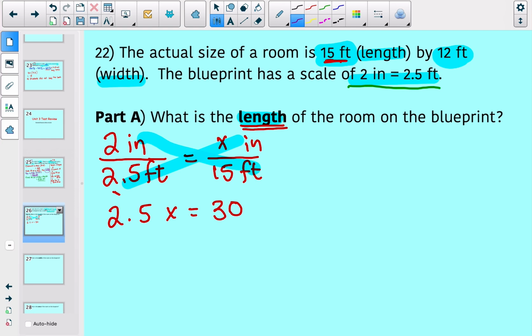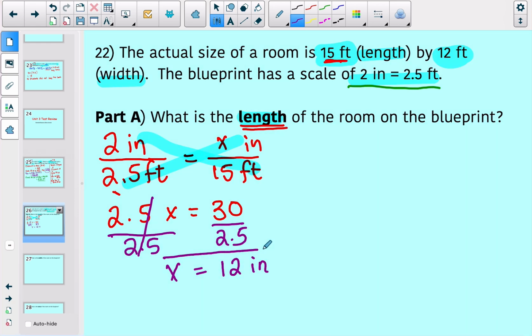Now to get rid of the 2.5, I must divide each side by 2.5. So I'm left with x equal to 12 inches. You can also just say L for the length. So this is my 12 inches in length.